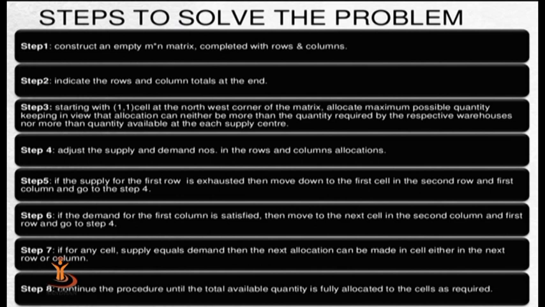So starting with the 1,1 cell at the northwest corner of the matrix, we allocate the maximum possible quantity, keeping in view that the allocation can neither be more than the quantity required by the respective warehouse, nor more than the quantity available at each supply center. After doing this, we go to step 4, where we adjust the supply and demand numbers in the rows and columns after allocations.